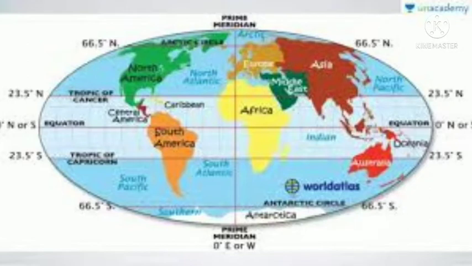We have only that line, not a real line. Imaginary line. Some of these imaginary lines have special names. The line around the center of the Earth is called the equator.